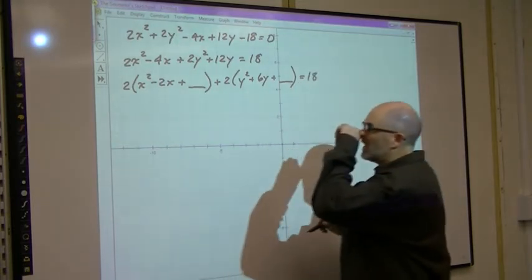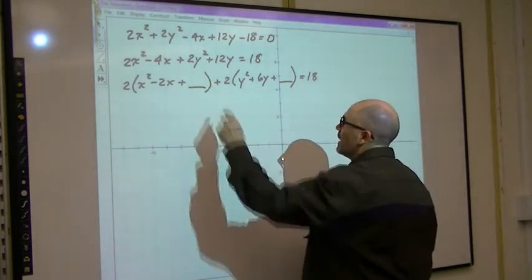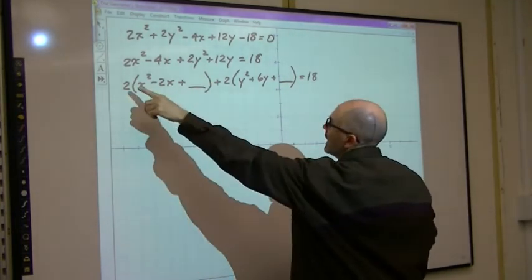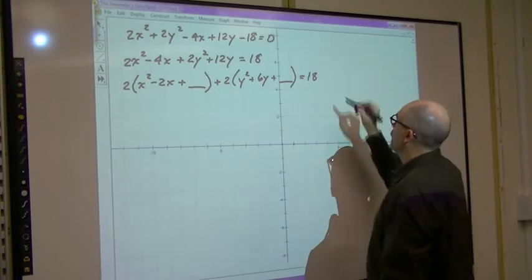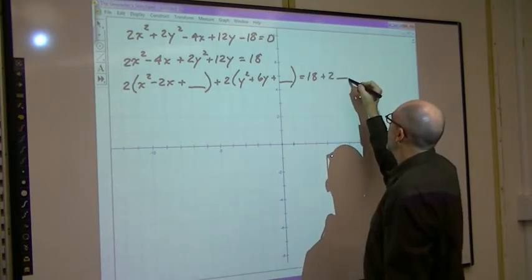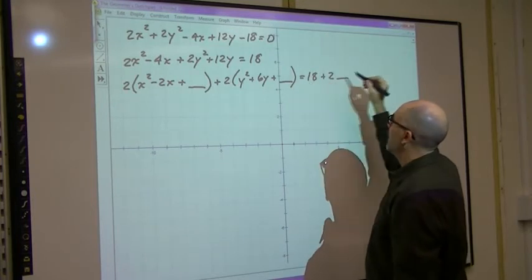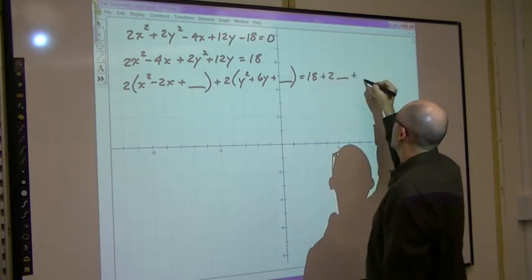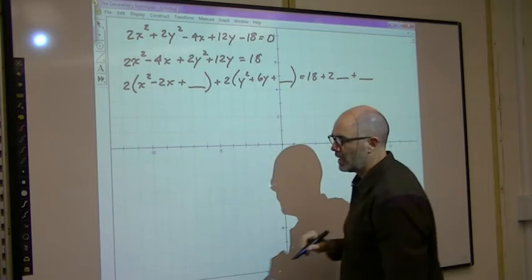Now, what did I just add? You might think I added a blank, but I really didn't. I added 2 times a blank. So I've got to add 2 times a blank over here. And then I added another 2 times blank number 2.